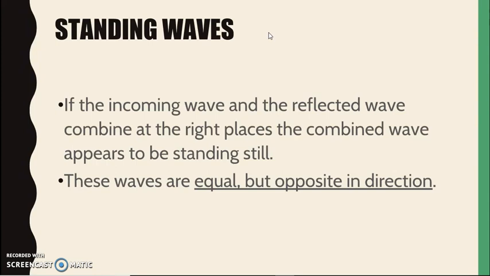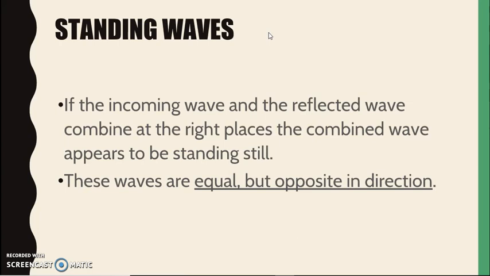Every time it goes up and down, that's kind of a new wave. So when you have those two waves that combine at the right place, when they combine in the middle, it looks like the string of the guitar is standing still, even though it's not. And this works for any stringed instrument. It works for a slinky. If two people are holding a slinky, that's a standing wave, right? Because it can only go from one person's hand to the other. It's not free to go wherever it wants.